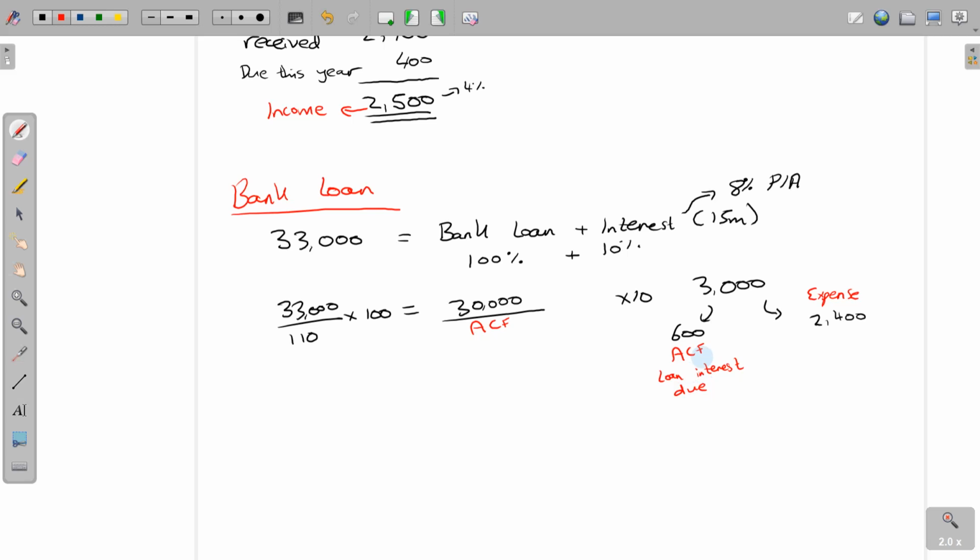There was interest for all of October, November and December. That 3 months, which is €600, has to go into the accumulated fund because the interest was due and we didn't pay it. The remainder will be going into our expenses later on. And that's the bank loan.